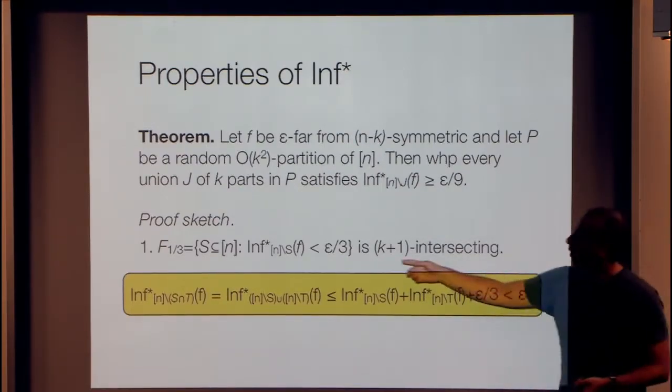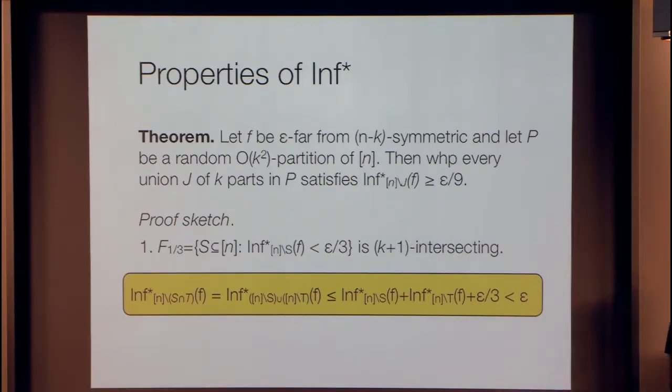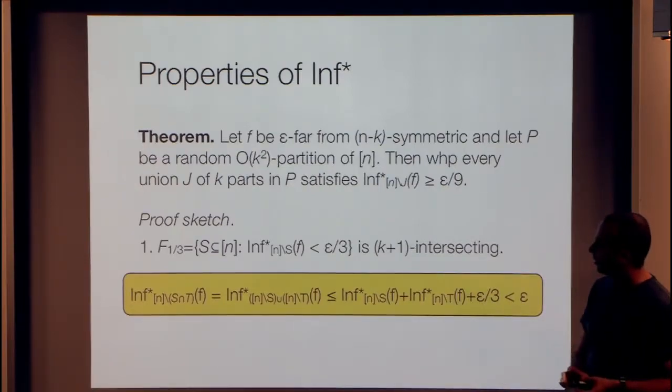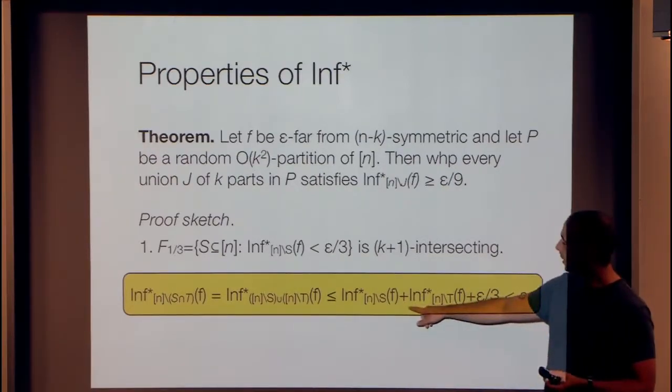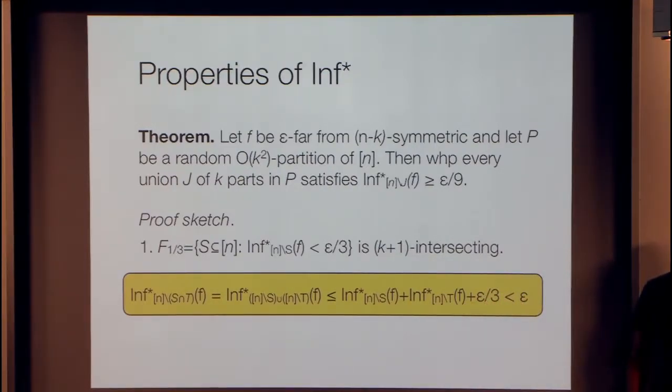The first statement, why are the bad sets an intersecting family, is essentially just because of subadditivity. Take any two sets that you have, look at their intersection size. Now, we can use De Morgan, if I did it correctly, and then subadditivity with some factor for the fact that subadditivity doesn't hold exactly.